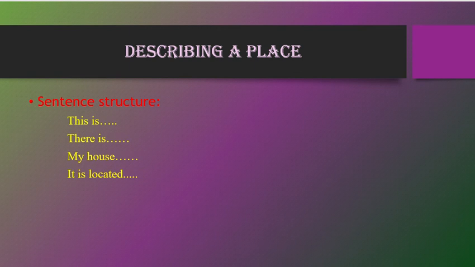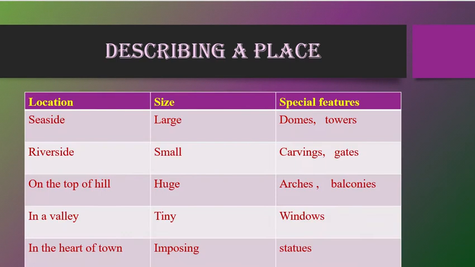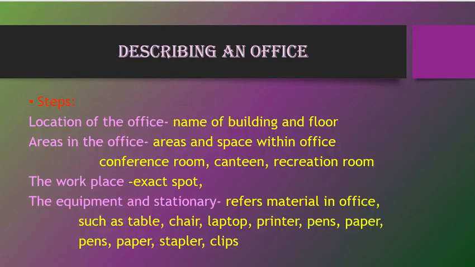So now let's go ahead and start the third part of description, that is how to describe an office. Dear friends, office is a very important place in our life, and we have to study how to describe an office.